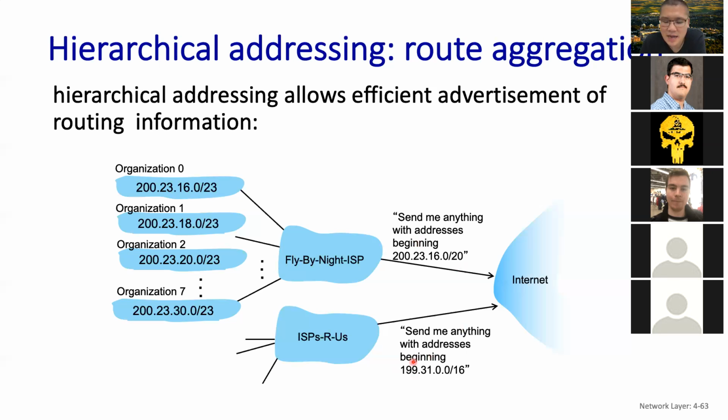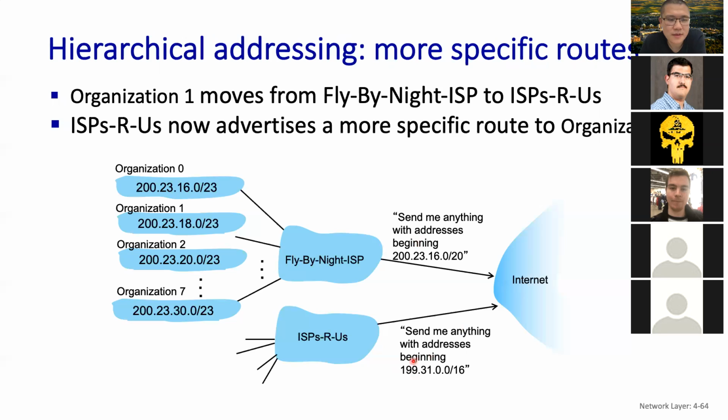But sometimes you may need to reorganize the IP addresses. For example, here organization one moves from the Fly-By-Night ISP to ISPs-R-Us. It just moves from one ISP to another.